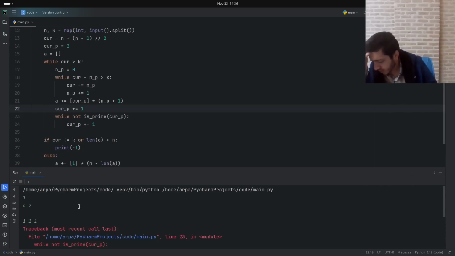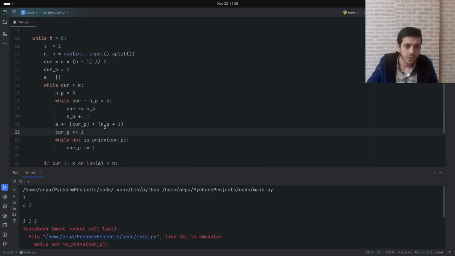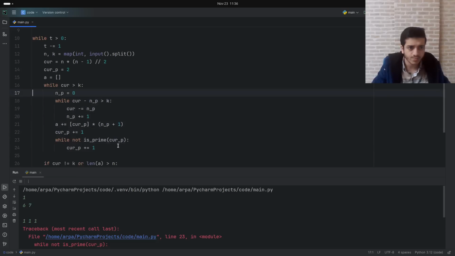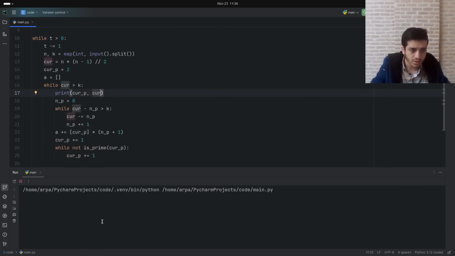So 6, right? 6 times 5, then it's 50. Let me ask it to print its current prime and current.